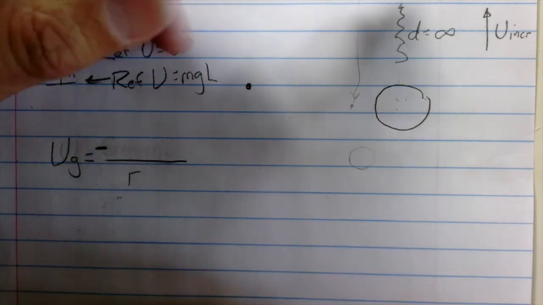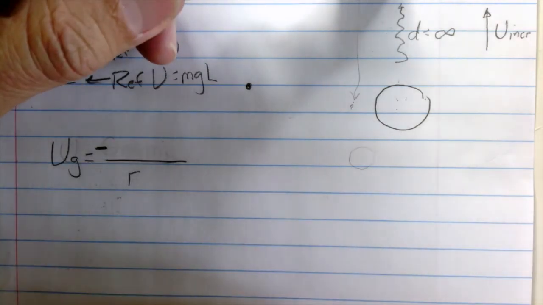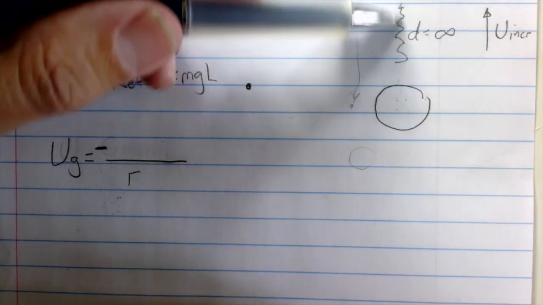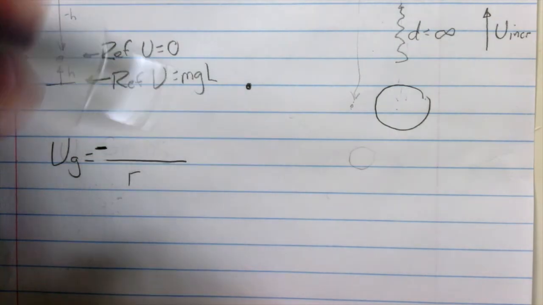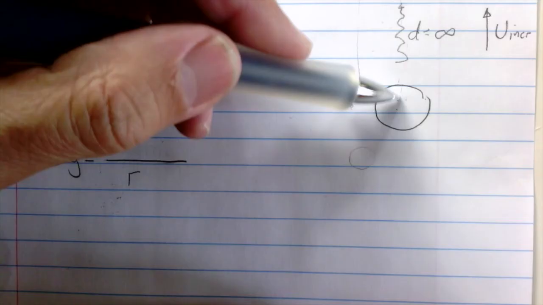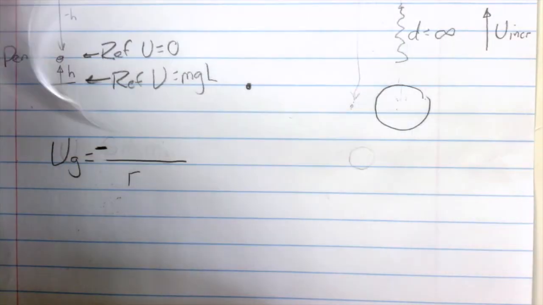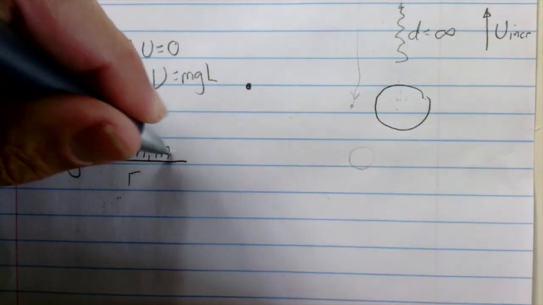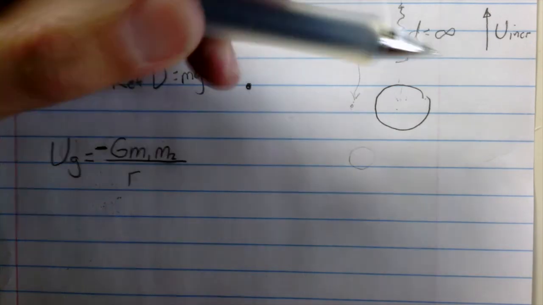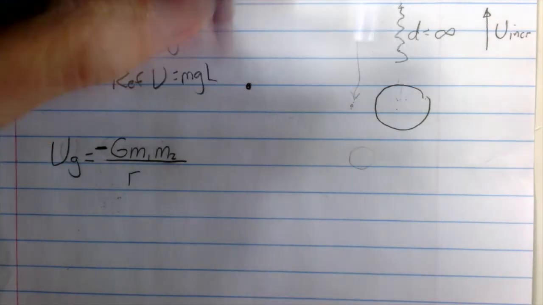Again, because if this is 0, and we know the potential energy has to increase as you go farther and farther away, then this must be negative down here, closer to the Earth. And the way this expression goes, and again, you can integrate the work going from point A to infinity, from a certain point to infinity.